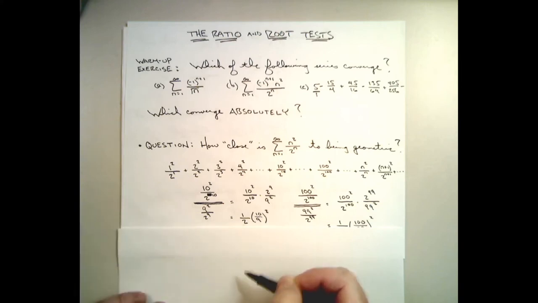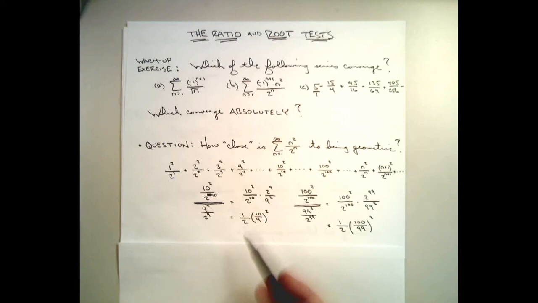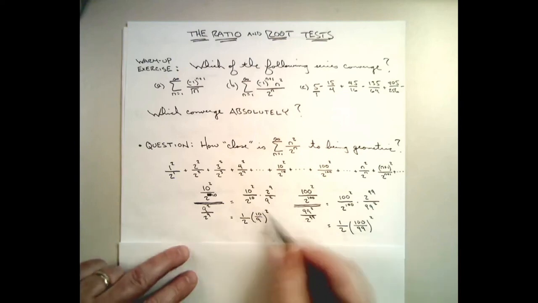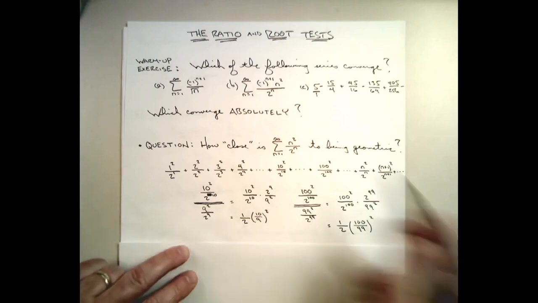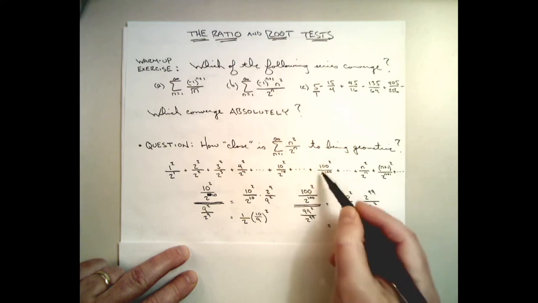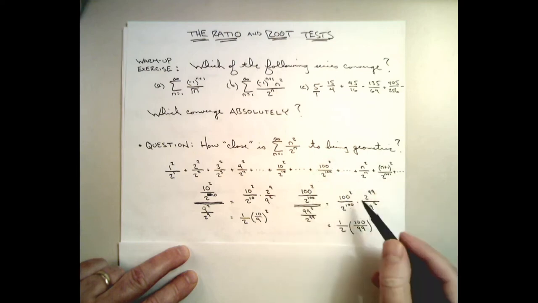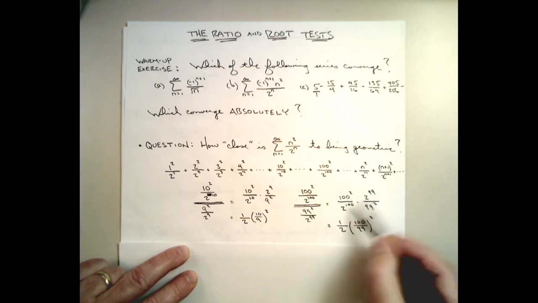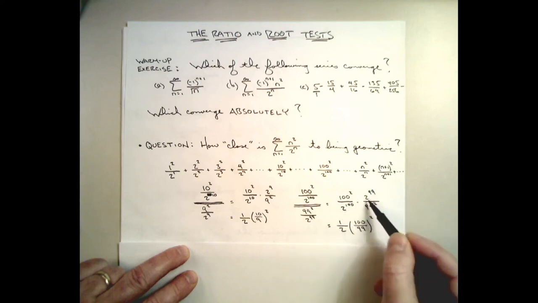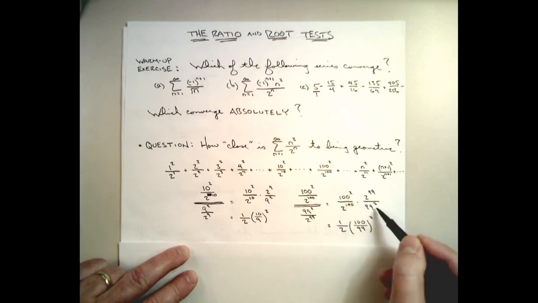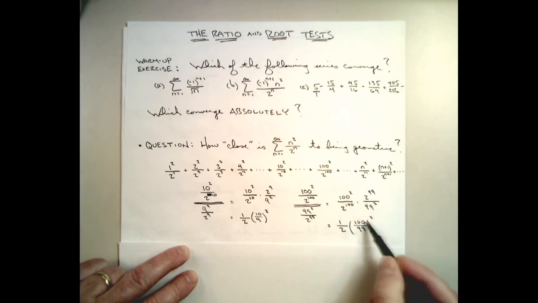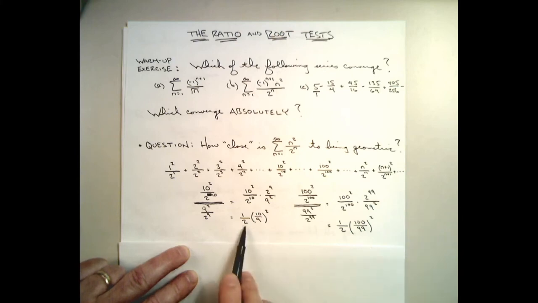And so what I get is this number right here. Whenever I look at the 100th term and divide the 99th term into it, I get something similar, right? Again, I'm going to have a 2 left in my denominator, and 100 squared over 99 squared can be written as 100 over 99 quantity squared. Do you see what's happening, right? So we have a half times something pretty close to 1 squared.